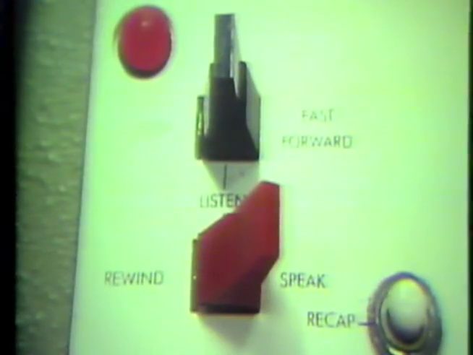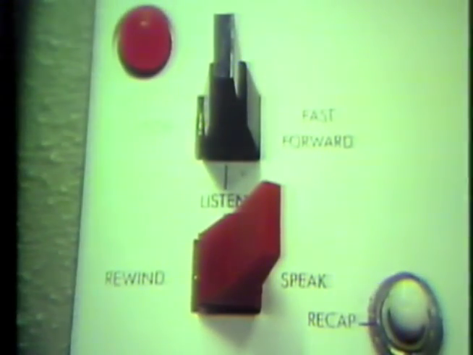What are the 3 positions of the black button? Which button is used to set the machine to speak?